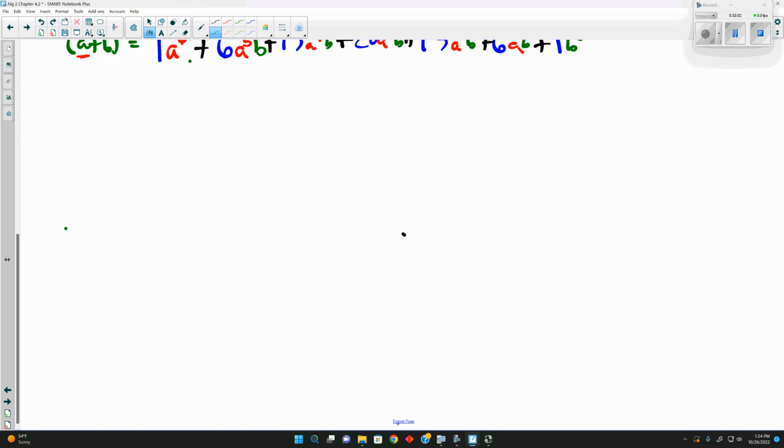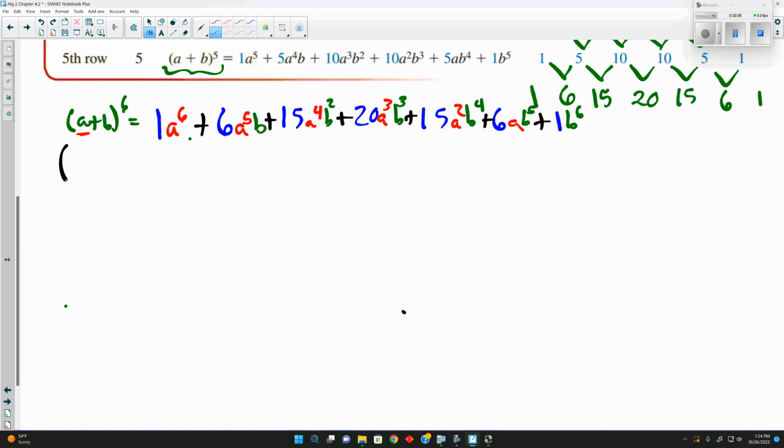Because we could have something like 2x minus 3 to the 6th power. We can multiply 2x minus 3 by itself 6 times to figure out what this is, or we can plug it in accordingly. So 2x is a, negative 3 is b.